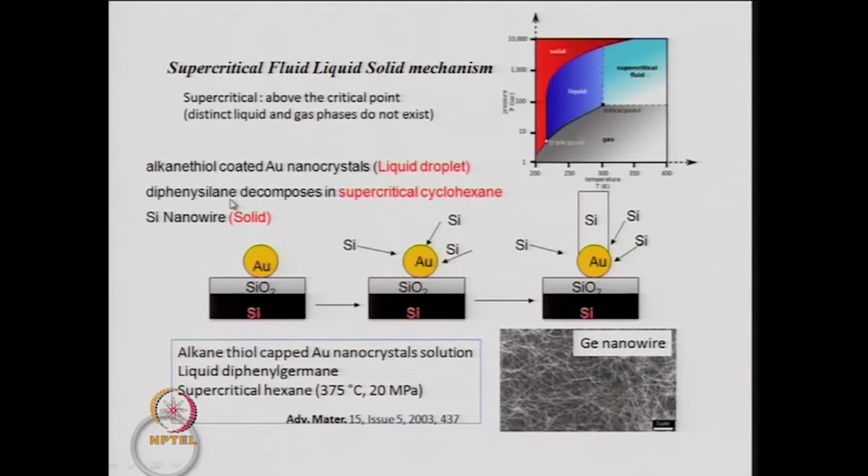So, diphenyl silane will decompose, give you silicon that will be around the gold globule, which will act as a catalyst, and all this is being done on some substrate, and that substrate here is silica on silicon.